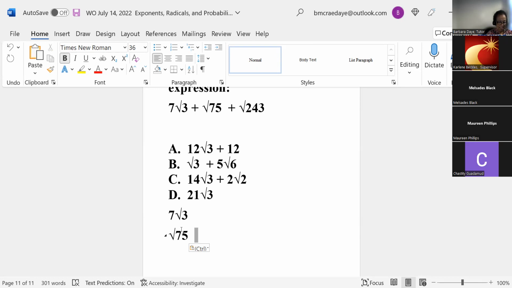15. 15? 5 times 15. But neither one of those has a perfect square root. Give me two factors of 75, one with a perfect square root.